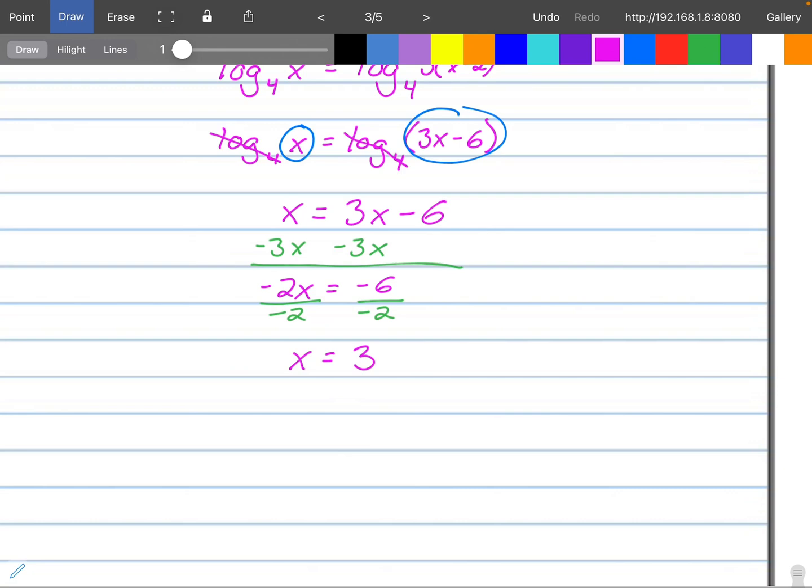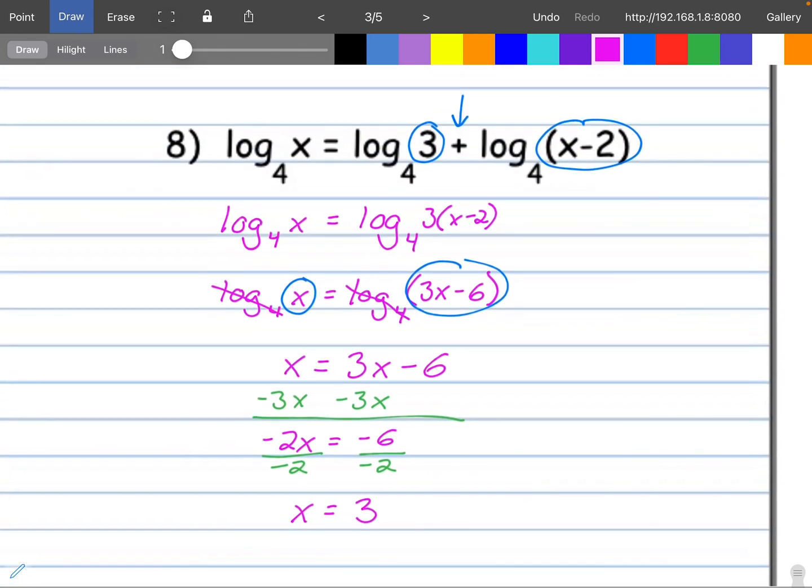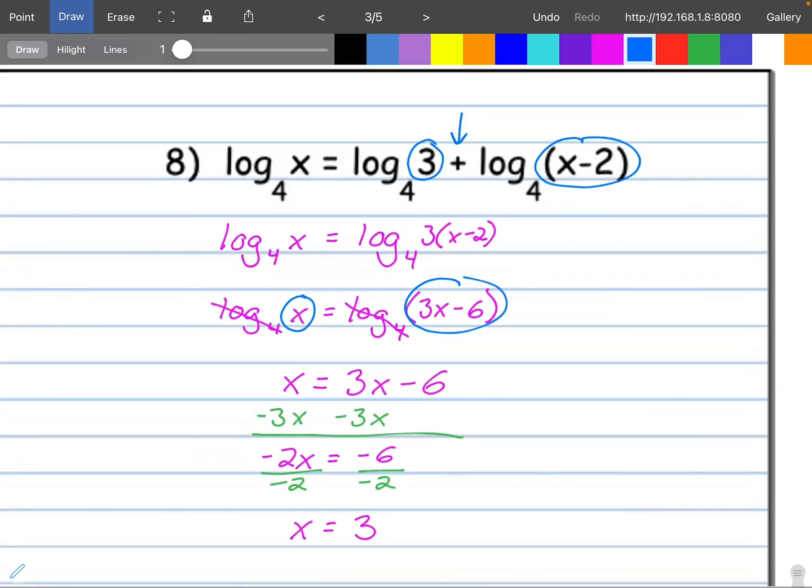Okay, so we have our proposed answer. Let's go back to our original problem and make sure that it works. We have to take a look at every original log and make sure that what we're taking the log of, so this, this, and this, would all come out to be positive numbers using this value of x.